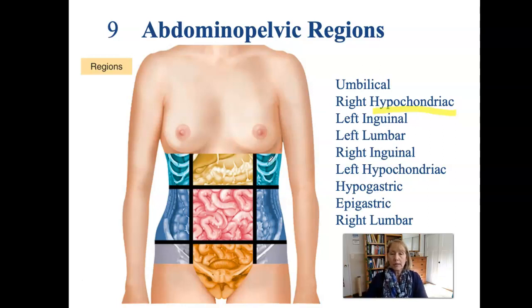So always we're talking about the right of the patient, not your right. Doesn't make any sense. It's the patient that matters, right? So it's their right and their left. So this, for example, would be the right hypochondriac region. It's the region under the chondrus or the cartilage of the ribs.